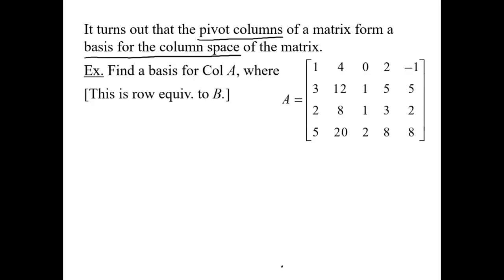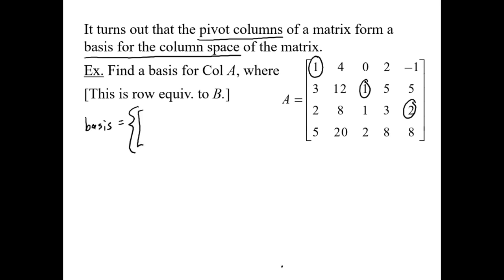So let's find a basis for the column space of A, and here's A. The hint that we're given here is that this is row equivalent to the example B from the last example. In other words, the pivot positions were this one and this one. So the basis that we're looking for is the columns that had pivots.